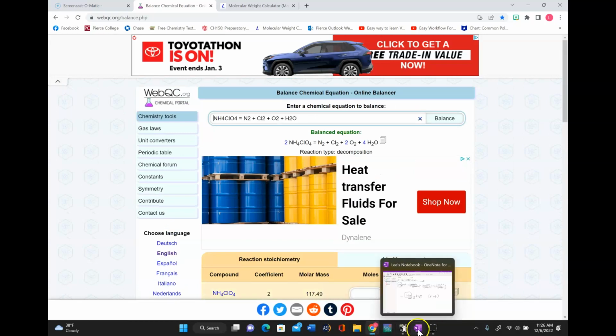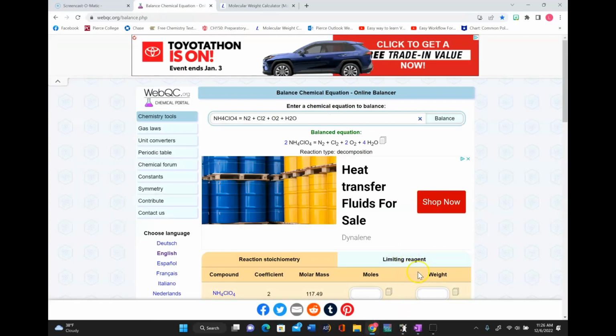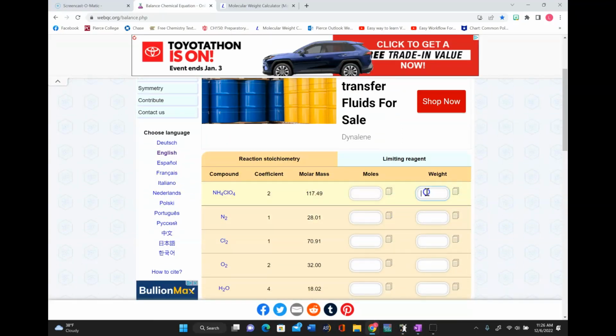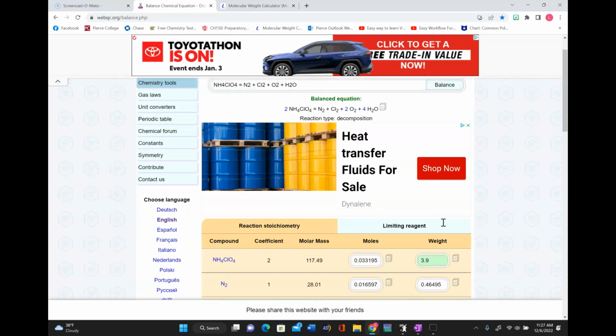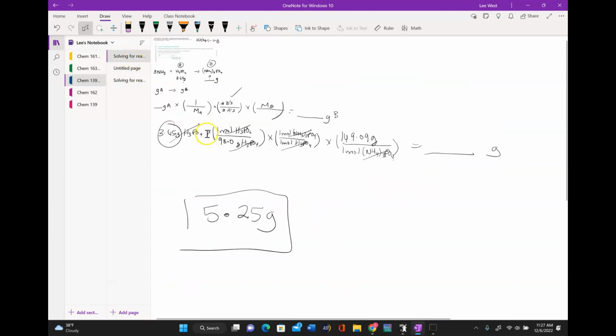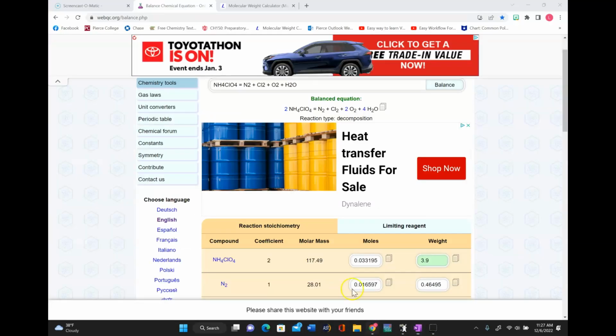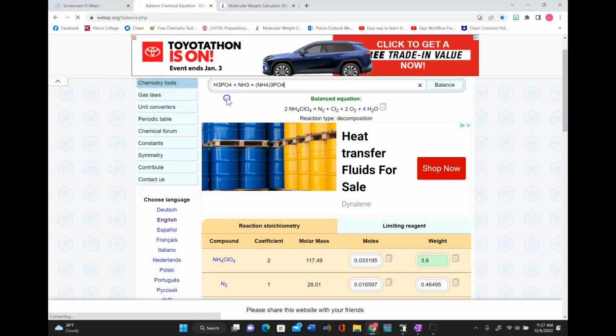Now, something you can also do to check your work is if we put that starting mass in, something like WebQC will actually calculate the mass of everything else for you. So put 3.9 in there, and it told me that I should get 1.2 grams of water. So that's pretty good, right? We go back to our previous one, we can do the same thing. We have to put the equation in, NH3 plus H3, there it is.